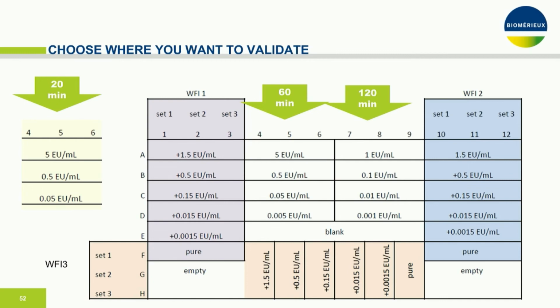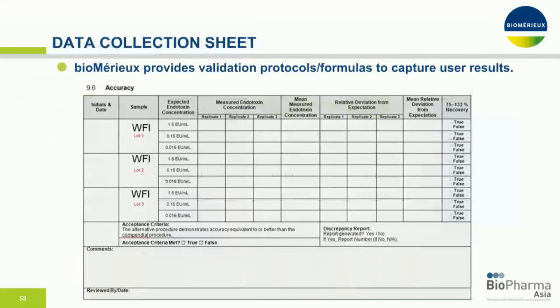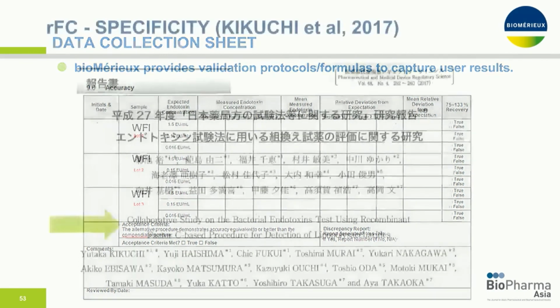So this is putting it all together to get an efficient validation. bioMérieux provides validation protocols and formulas to capture the user results. So it really is a complete package to perform what can otherwise be a confusing exercise.